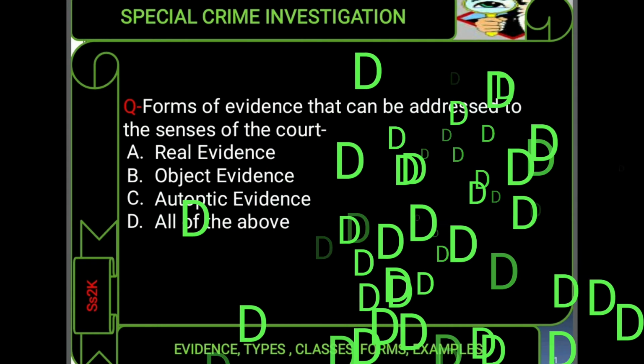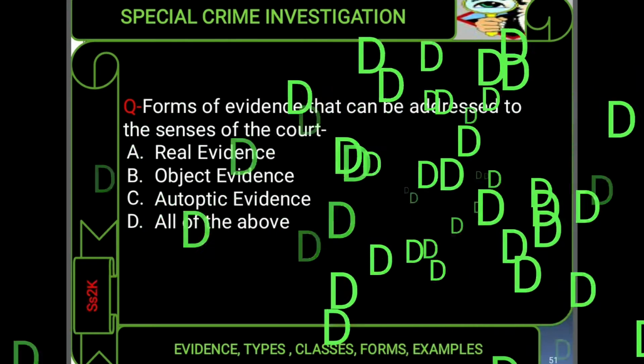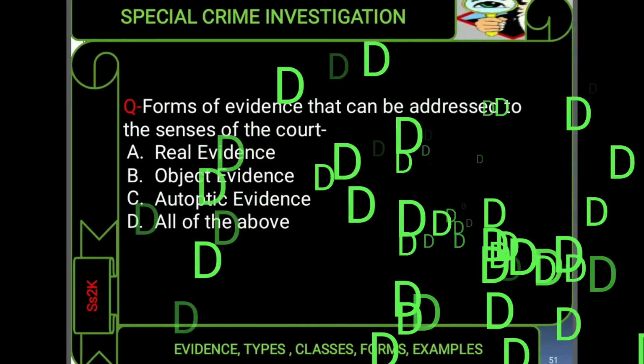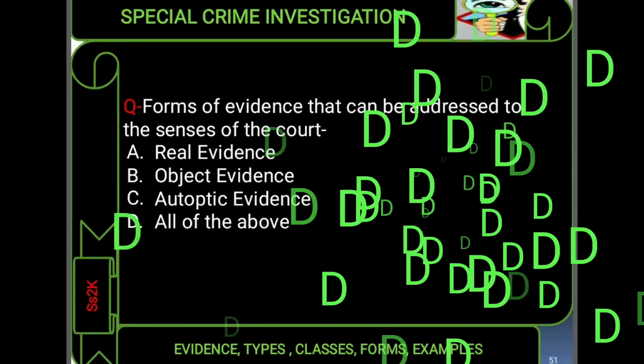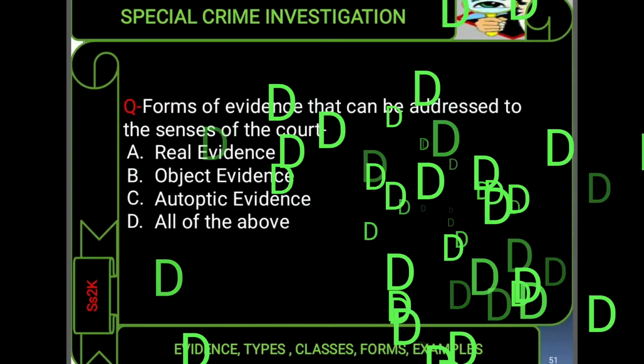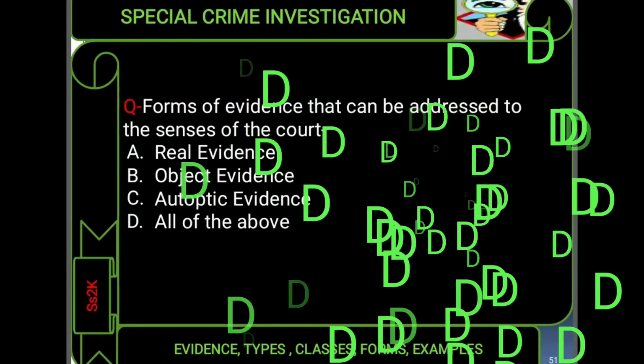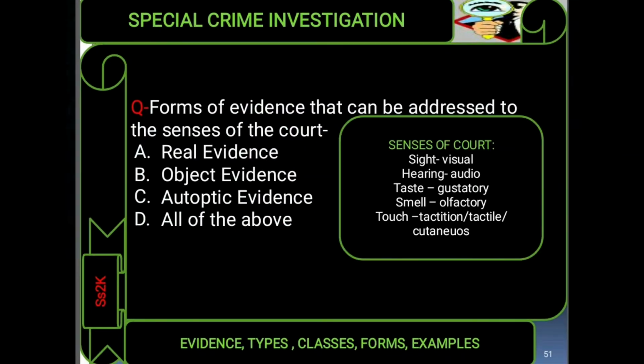So autoptic evidence, object evidence, or real evidence is evidence which can be addressed to the senses of the court. Then follow-up question: if real evidence, object evidence, autoptic evidence are addressed to the senses of the court, then what are the senses of court?